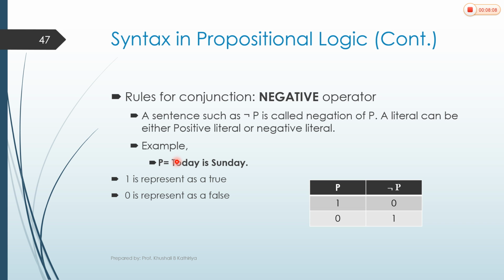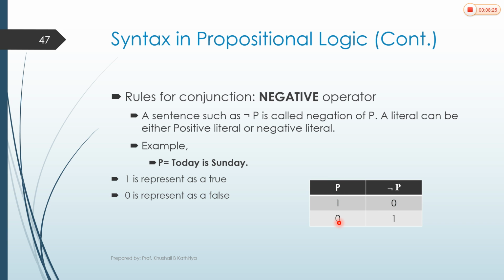For example, today is Sunday. What is the negative sentence for this? Today is not Sunday. If P is today is Sunday, then not P is today is not Sunday.